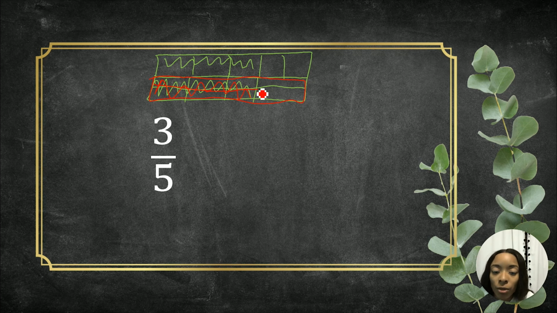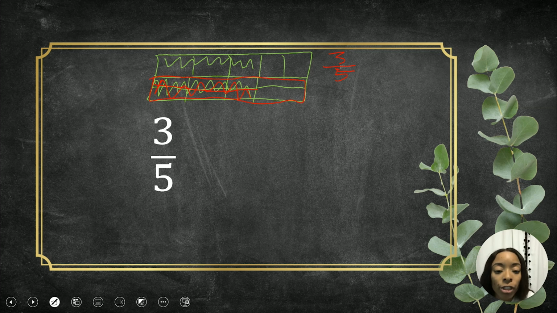If I want to generate an equivalent fraction, there's 2 ways I can do this. I can multiply the numerator and denominator by the same number. So going back to my example, my top fraction is 3/5.